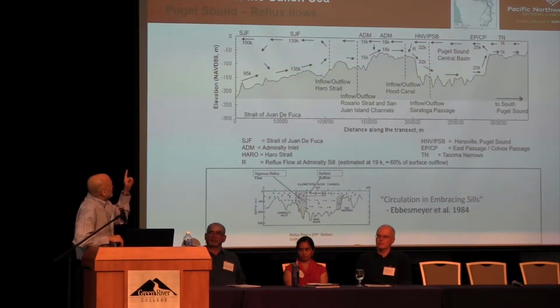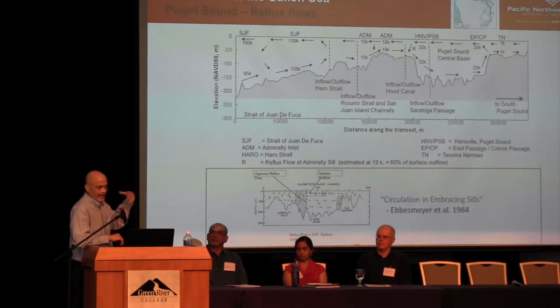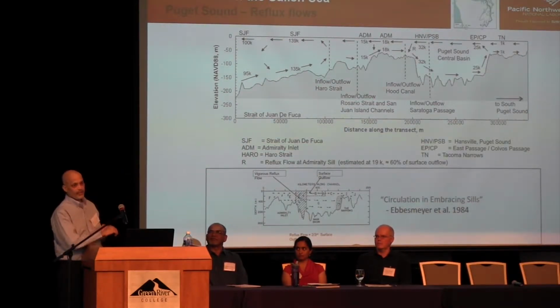It's a transect that goes from the entrance of Strait of Juan de Fuca all the way to South Sound. And it shows how water moves into Puget Sound from the bottom. The Pacific Ocean water moves in after averaging out the tides, goes over Admiralty Inlet, and goes into Central Sound, upwells, and comes back up to the surface, and then the surface water moves out.